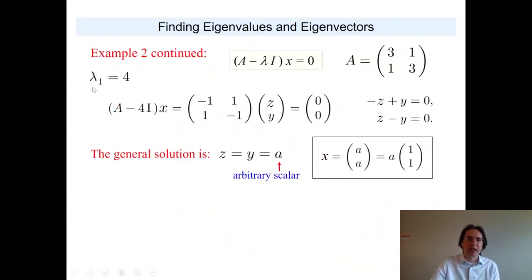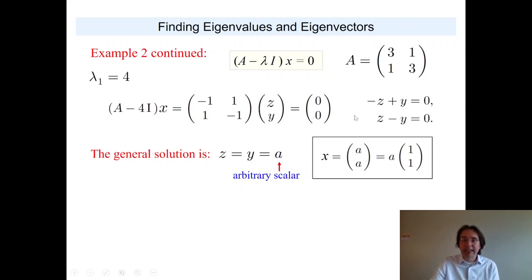Now the first eigenvalue, lambda 1 is equal to 4. We write our characteristic matrix as follows. A minus 4 multiplied by the 2 by 2 identity matrix is equal to what? So 3 minus 4 is minus 1, 1, 1, and 3 minus 4 is minus 1, multiplied by the eigenvector (z, y), is equal to 0.